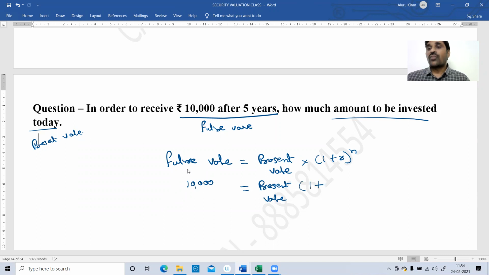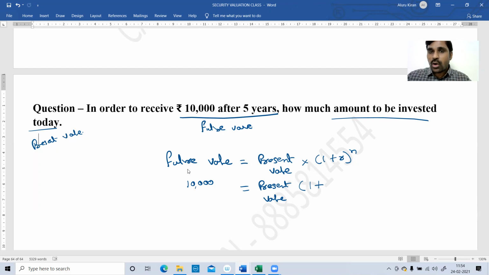If I invest a certain amount today, how much interest do I earn during these 5 years? If I want rupees 10,000 after 5 years, I need not invest the entire 10,000. It's of no use, because during these 5 years I can get interest. Therefore, it is sufficient if I invest less than 10,000.